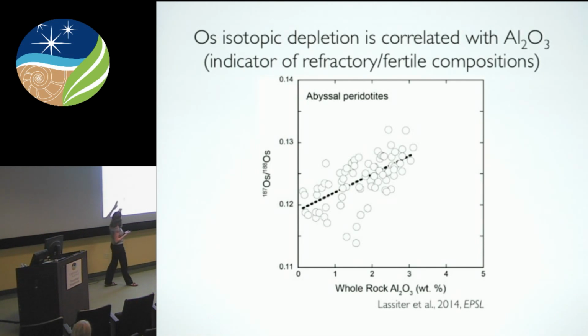What they're showing in this figure is that there's a correlation between the osmium isotopic composition and the whole rock aluminum composition. So it's saying that the stuff that is more unradiogenic is also more refractory in composition. Stuff that suggests it has ancient depletion also has a whole rock composition that suggests it has had a lot of melt extracted from it, and that would imply that that happened a very long time ago as well.